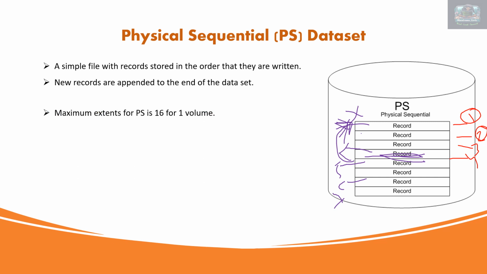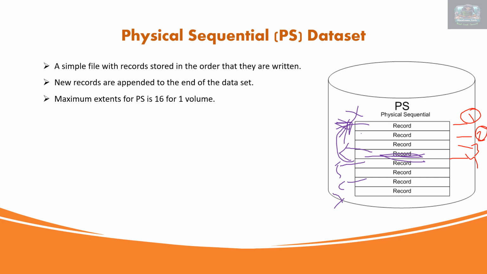Maximum, this file can be in one volume. It's a basic dataset that will be in one volume, and it can go up to 16 extents. I'll explain what extents are in an upcoming video, but it can go up to 16 extents in one volume. And this file has an attribute of extending up to 59 volumes.